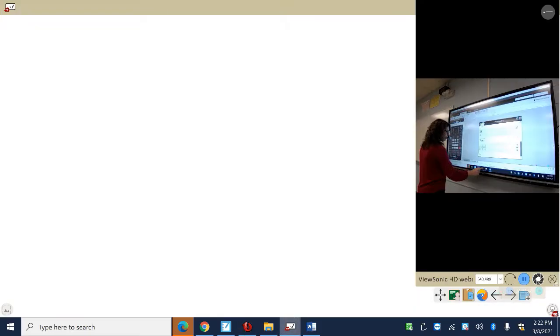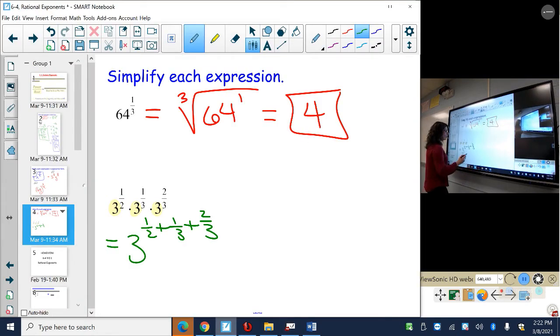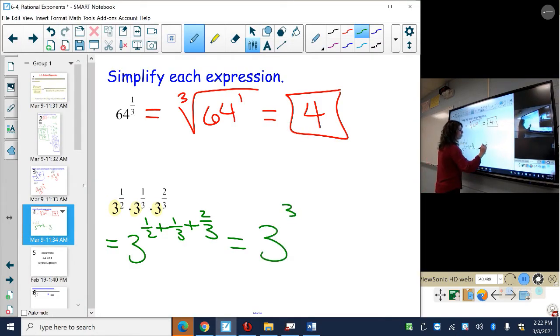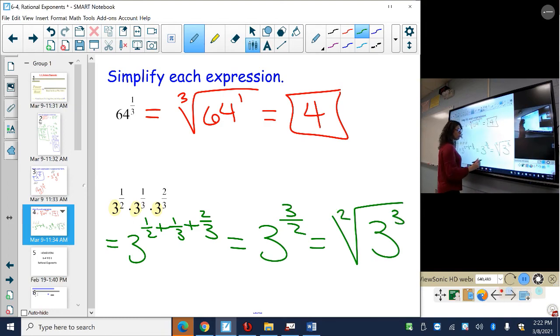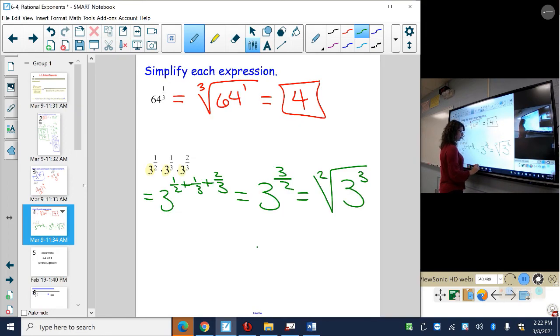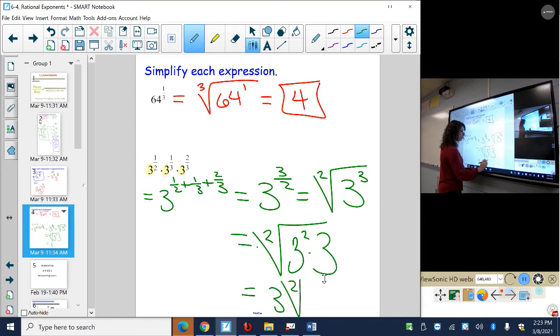So I come over here and this gives me 3 to the 3 over 2, which means I am taking, check mark, the base is 3, power of 3, root of 2. If I go ahead and simplify this, that's the square root of 3 squared times 3. That comes out as a 3 times the square root of 3.